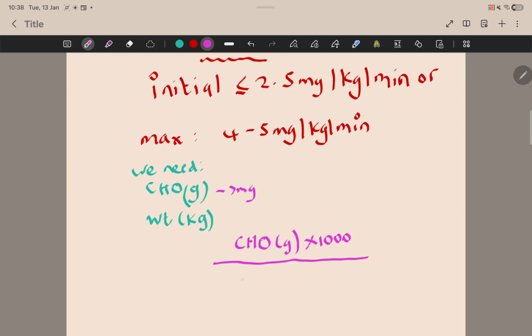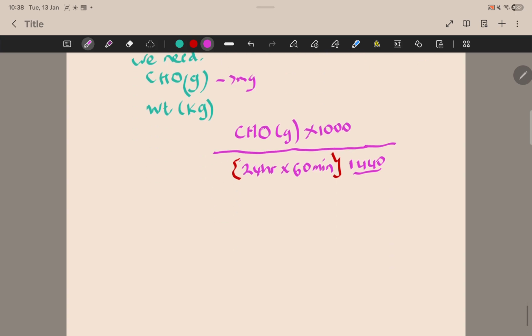There are 24 hours in a day, and we have 60 minutes in an hour, so we want the amount of minutes in one day, which is 1440. I'm going to put this in curly brackets because it is an explanation, not a multiplication or anything. So that's 1440.